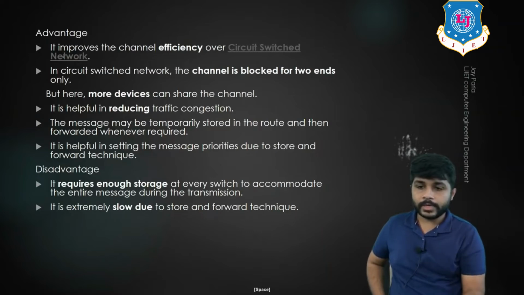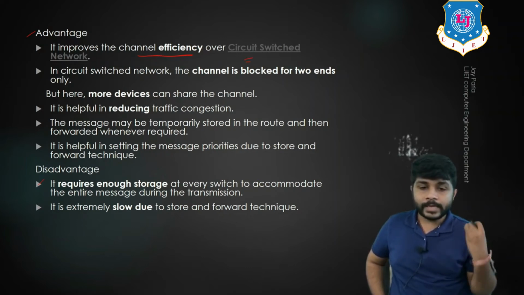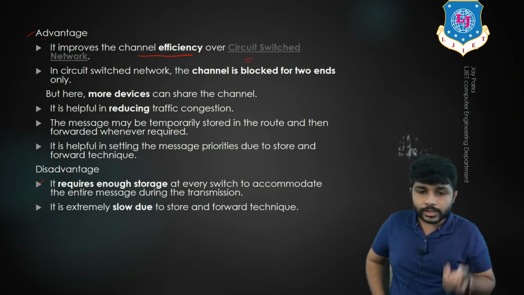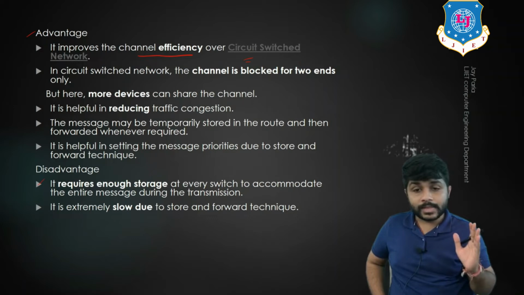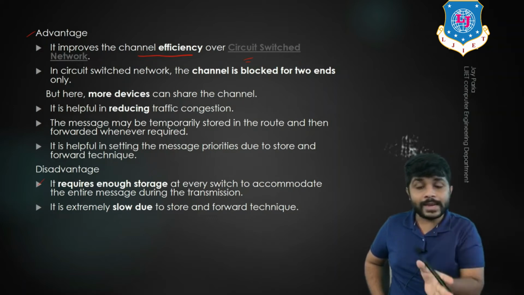Now let's see the advantages and disadvantages. The message switch network improves efficiency over circuit switching. Why? Because in circuit switching we just saw that if any two devices want to communicate, there should be a dedicated link between the sender and the receiver. In message switching, it is not needed. There is no need for a dedicated link.